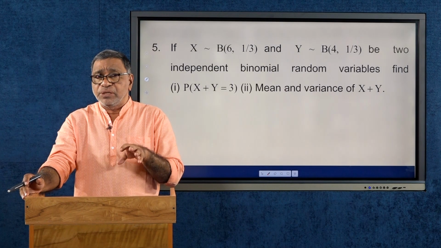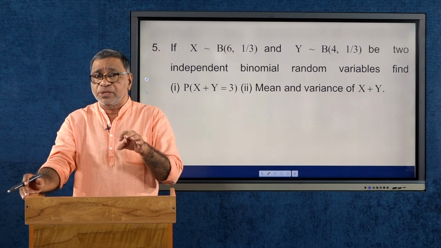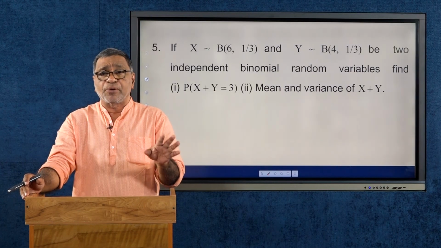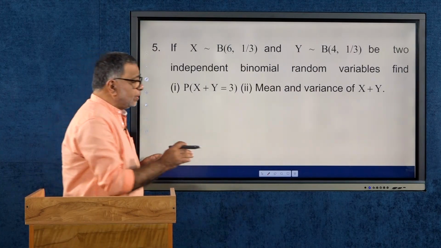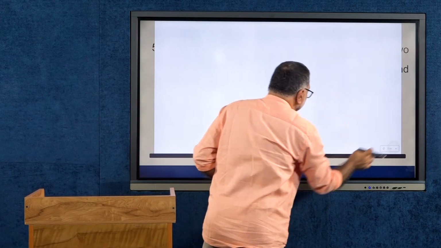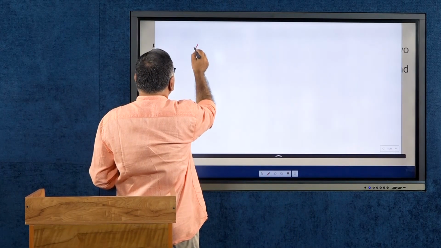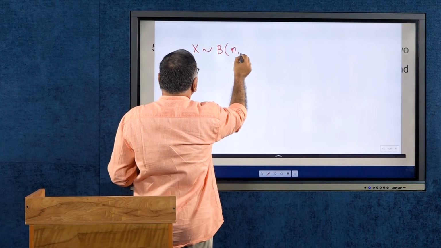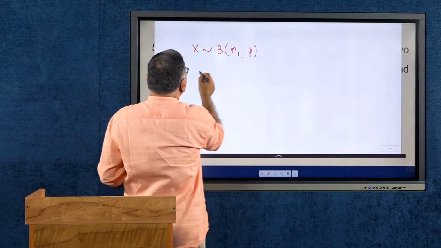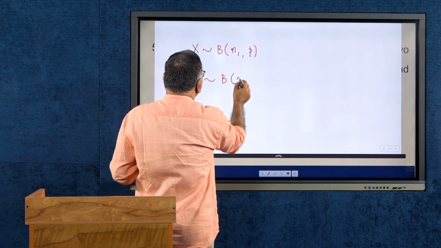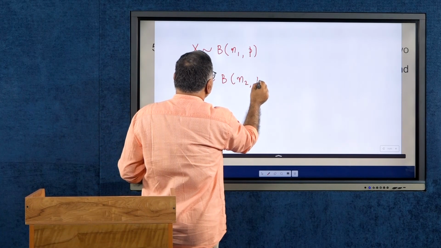Here we are applying the property of the binomial distribution, that is the additive property. What is the additive property? Suppose x is a binomial random variable with the parameters n1 and p, and y is another binomial random variable with the parameters n2 and p.